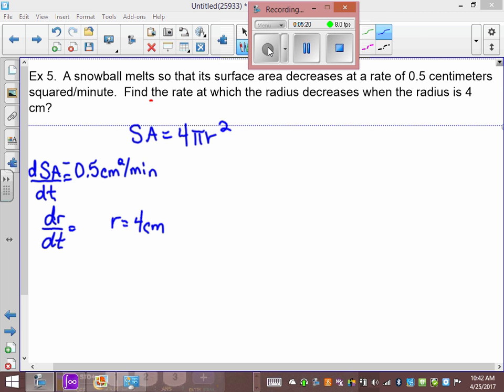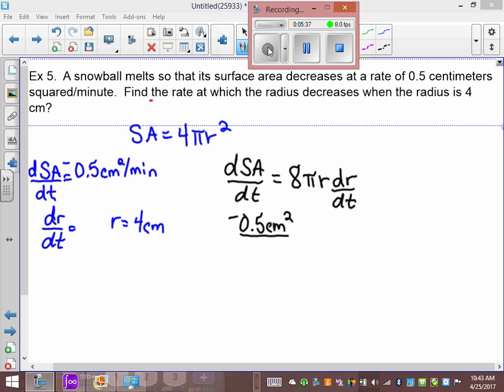So, the derivative of surface area is dSA over dt equals 2 times 4, which is 8 pi r dr dt. This is negative 0.5 centimeters squared per minute equals 8 pi 4 centimeters dr dt.